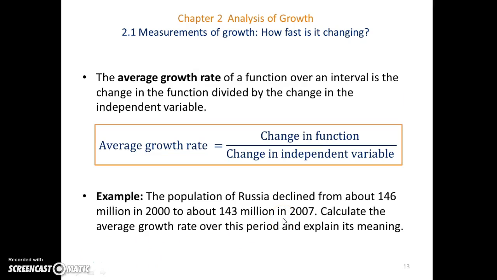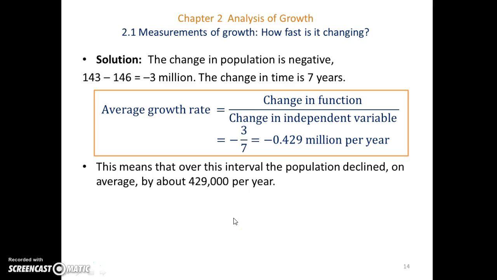If you take the difference in the population in 2007 and 2000, this difference is negative 3 million. The change in time is 7 years. We divide those two values and we get negative 3 over 7, or negative 0.429 million per year. This means that over the interval, the population declined on average by 429,000 per year.